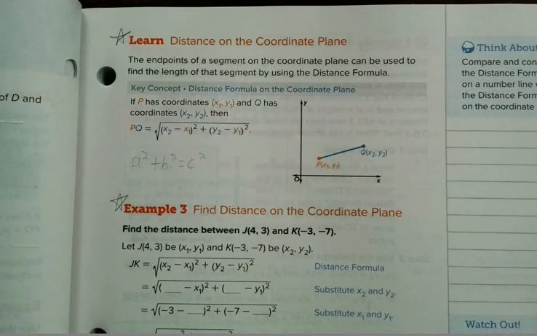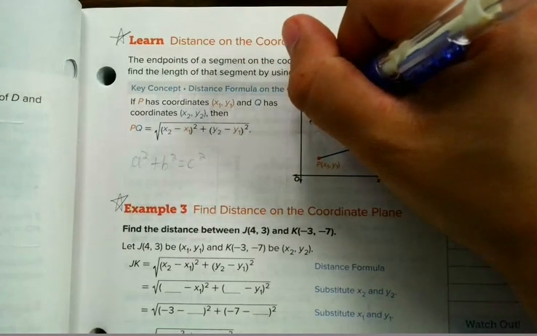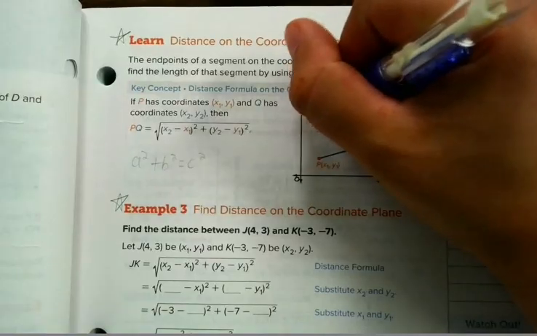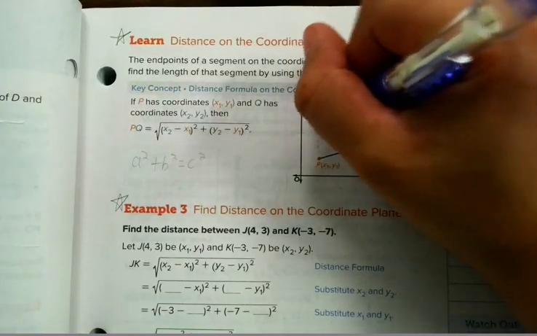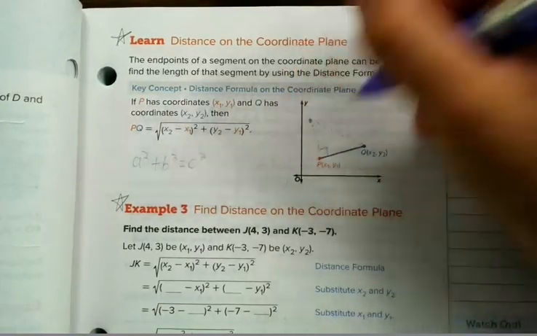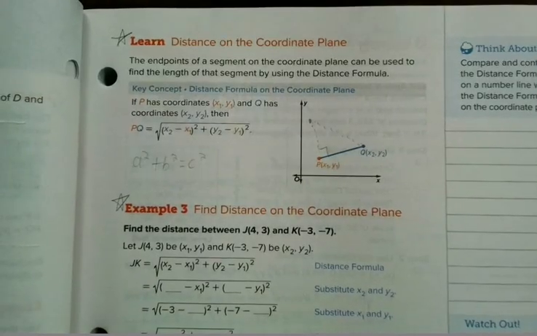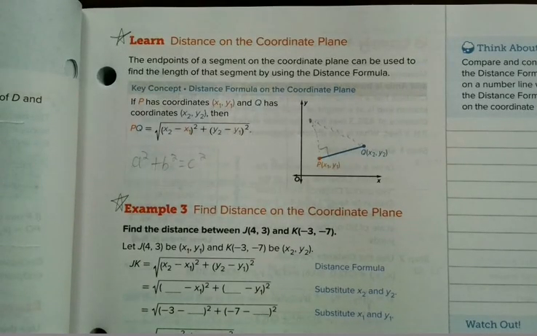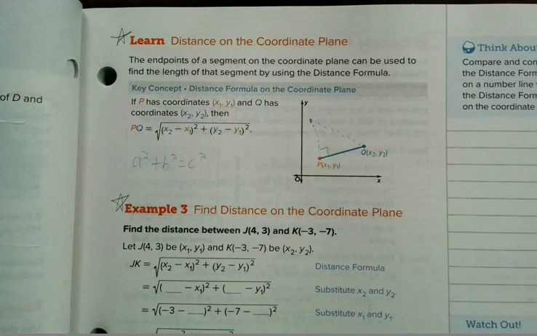And so if I have, for instance, 3 points, kind of like this, where they form a right angle, I can use the Pythagorean theorem to find the length of sides if I know some distances, right?